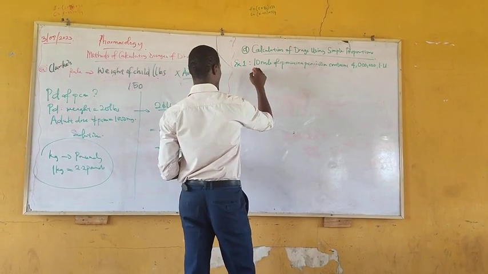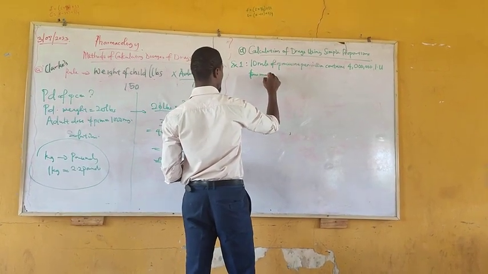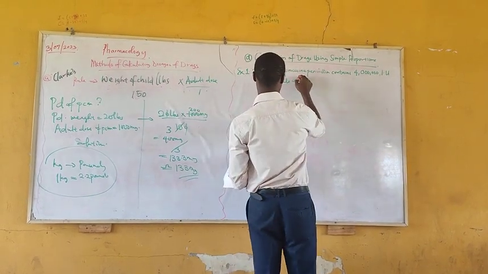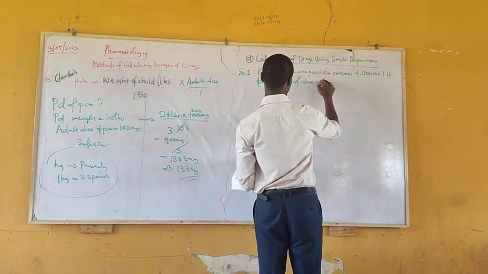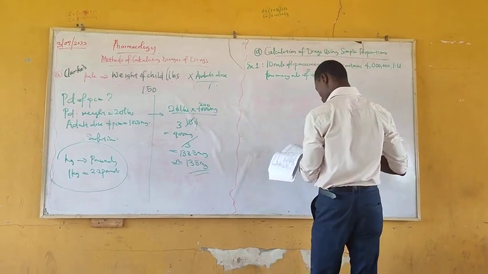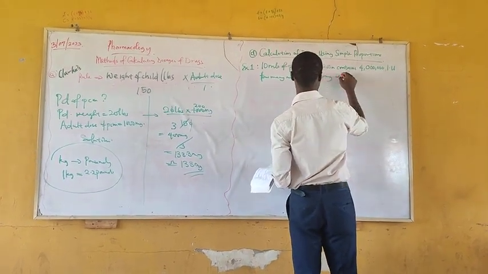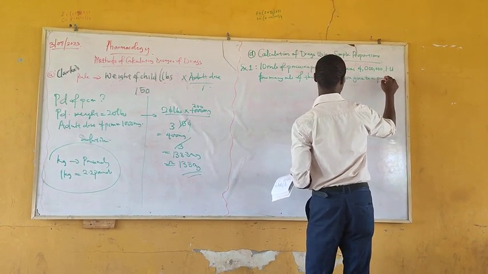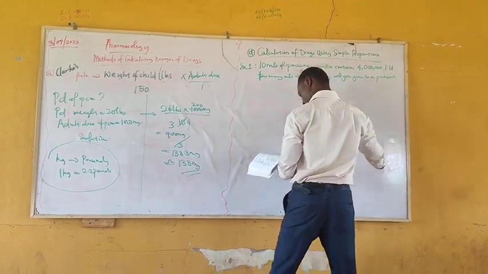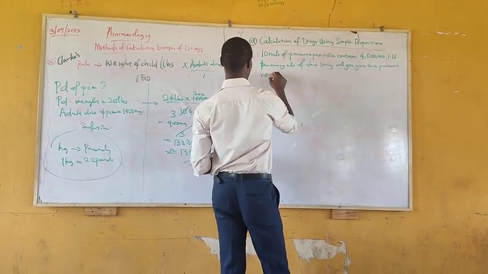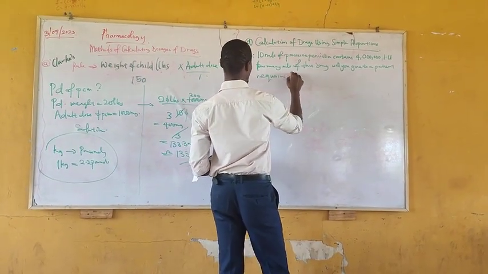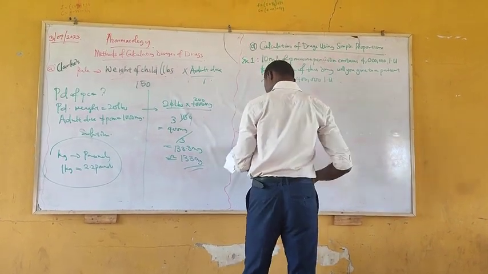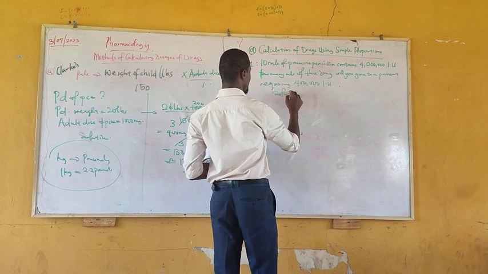So how many mils of this drug will you give to a patient requiring 400,000 IU? That's all. So the solution is simple.